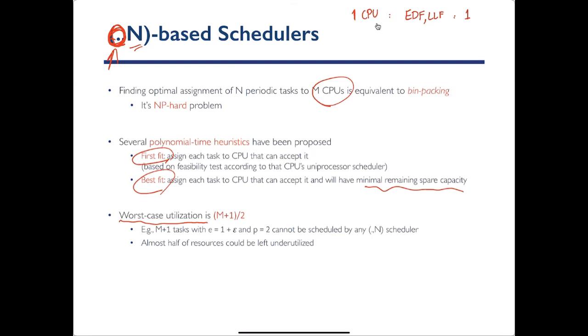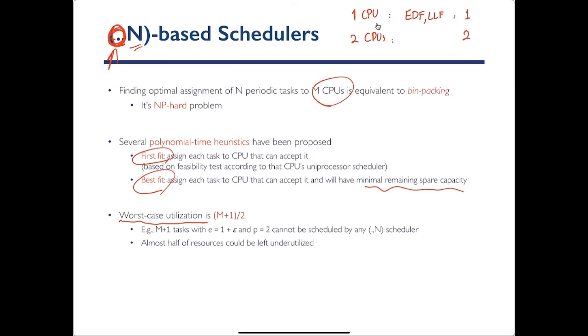Now, if you have 2 CPUs, you're hoping that you could run a task set with maximum utilization that is less than 2, right? Because each CPU can handle utilization up to 1.